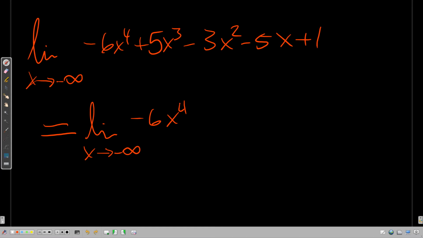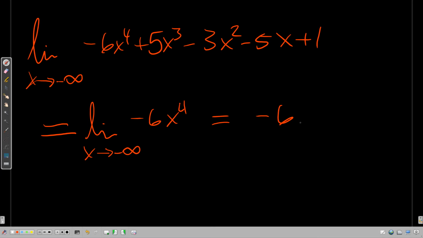This leading term is the boss of this whole polynomial. It is this term that determines what the whole thing is going to look like out at infinity. You can get so far out towards infinity that these terms become inconsequential. So these two limits are the same.